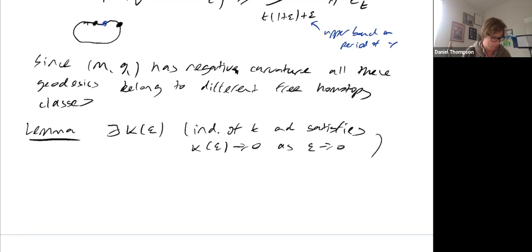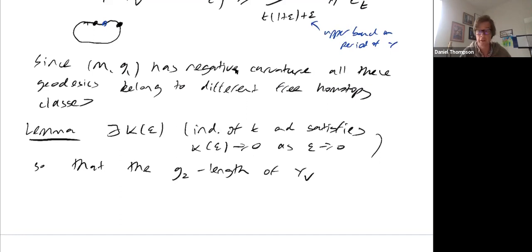I think that's important. We'll find out. So that the G2 length, we may have lost sight of it in all the details, I'm comparing G1 lengths and G2 lengths.